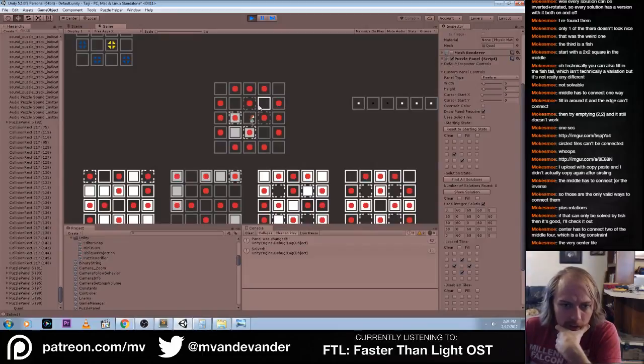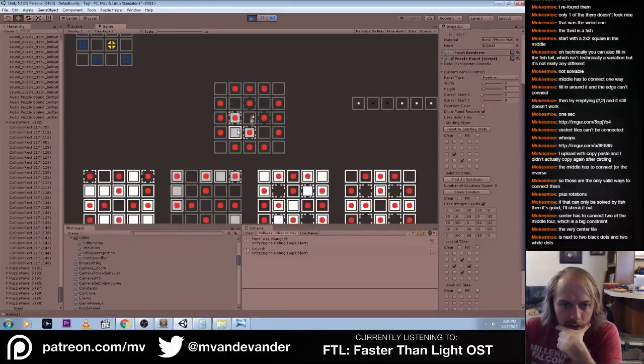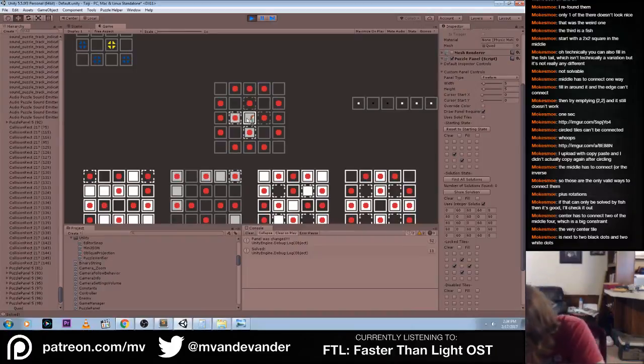Almost wondering if that's wrong, though. Well, you're right. It's connecting one or the other, right? Because it's next to 2 black dots and 2 white dots. That's an interesting thing to figure out, though.